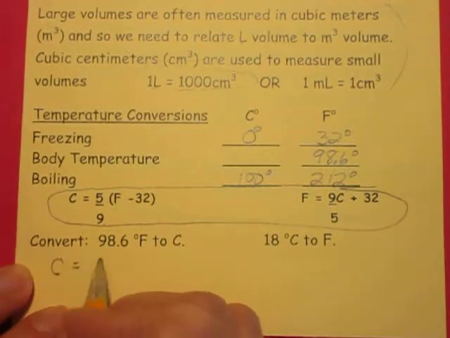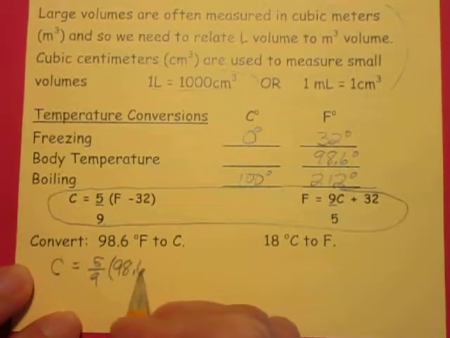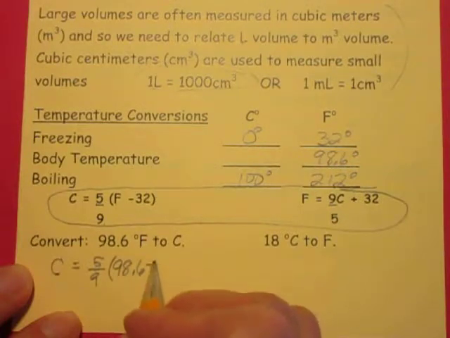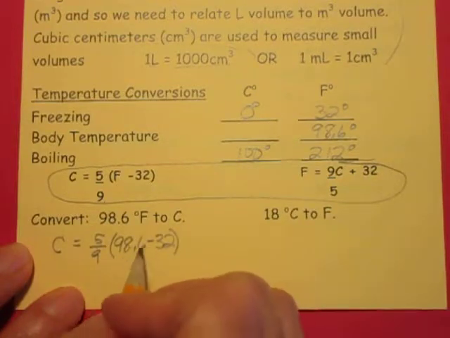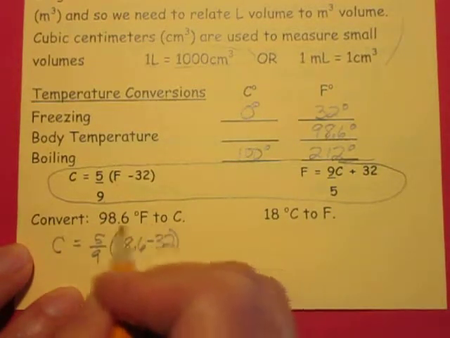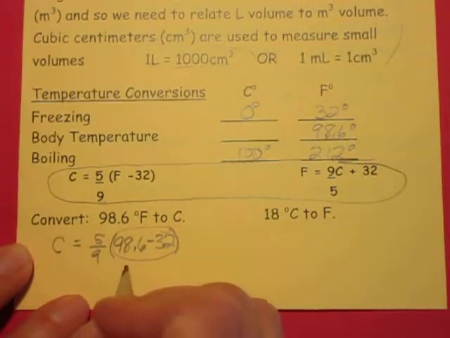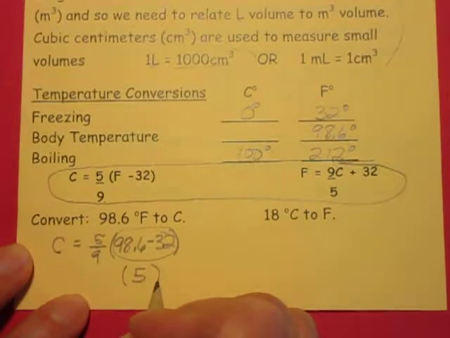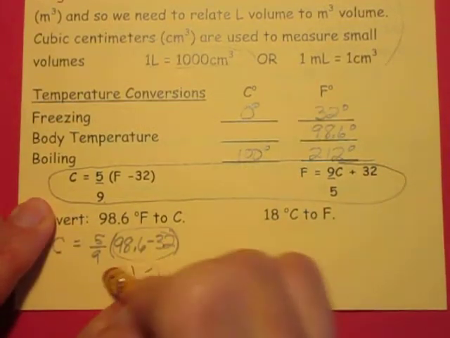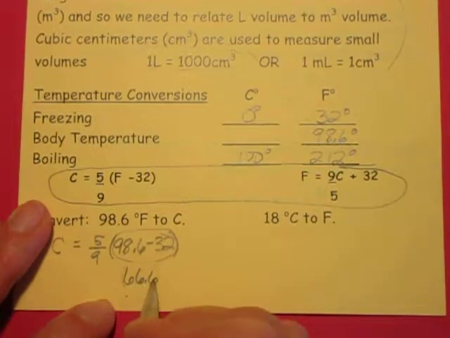So Celsius is equal to 5/9, and we're going to plug in the 98.6 and subtract the 32. Now, at this point, this is just really an order of operations problem. We have to make sure that we do what's inside the parentheses first. So when I subtract that, I end up with 66.6.